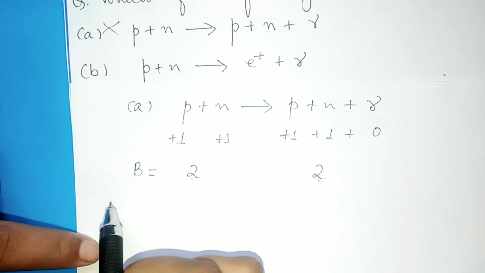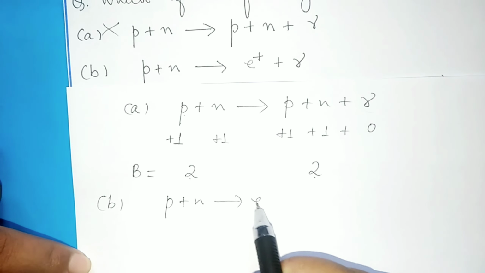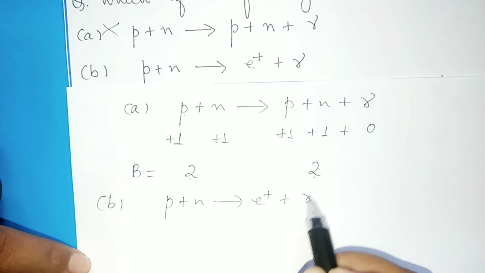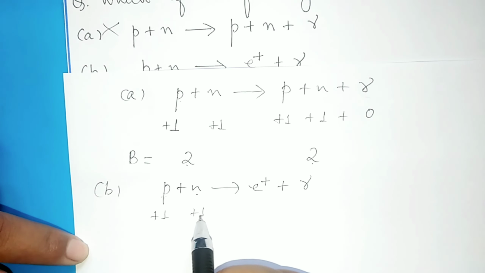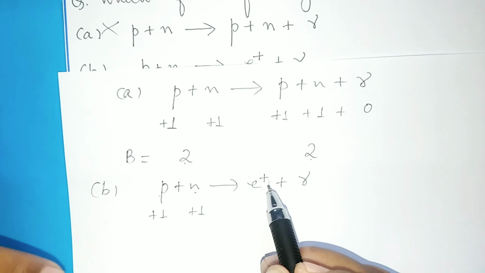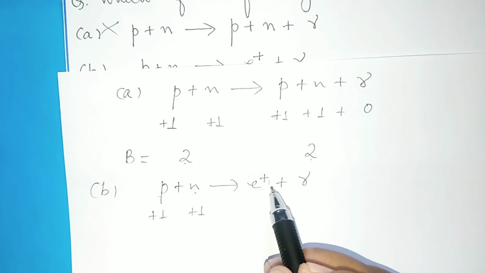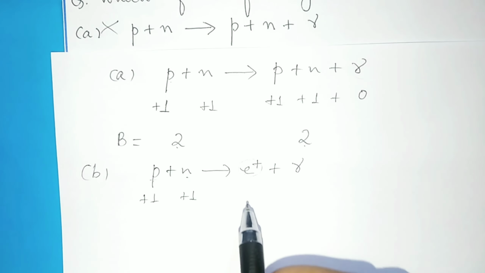Okay, second one, proton plus neutron. We have an anti-electron and gamma. Both are baryons, so +1. This is an anti-electron or positron. And electron with its antiparticle are leptons. For leptons, B is equal to 0.